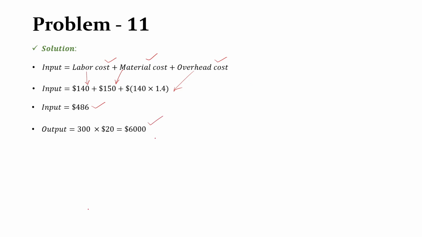The output value is $6,000 since we produce 300 units and each unit can be sold for $20. So the output value is $6,000. We have the value for output and input. Now we can plug in these values in the multi-factor productivity formula and we have the answer as 12.34.